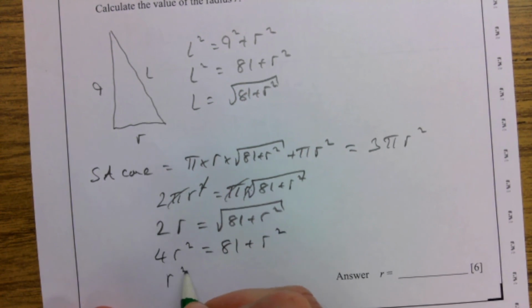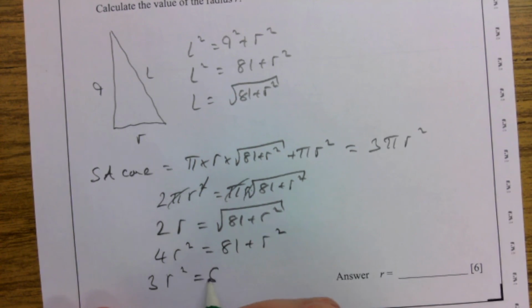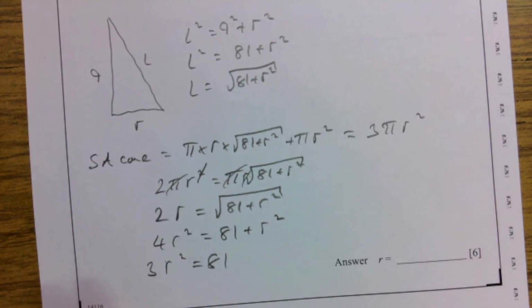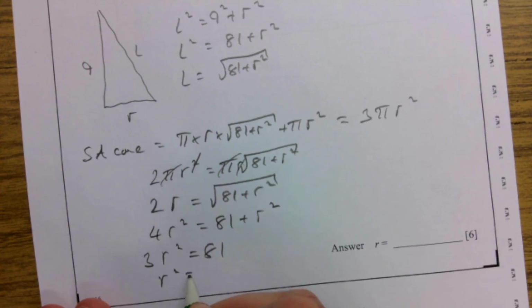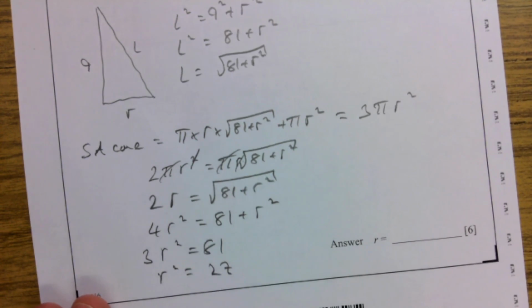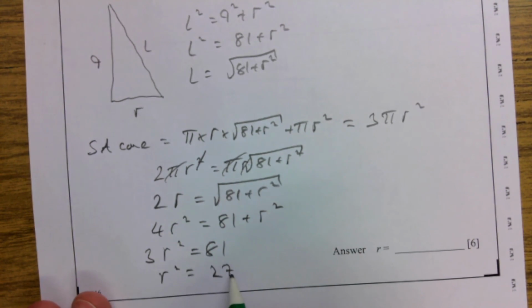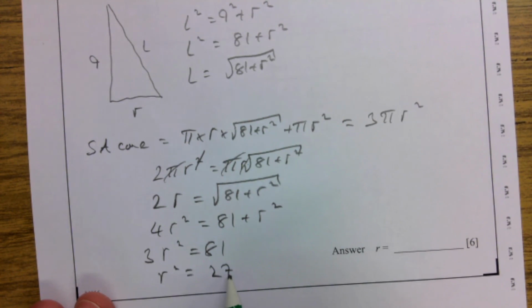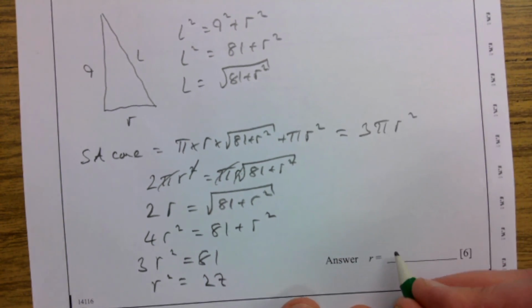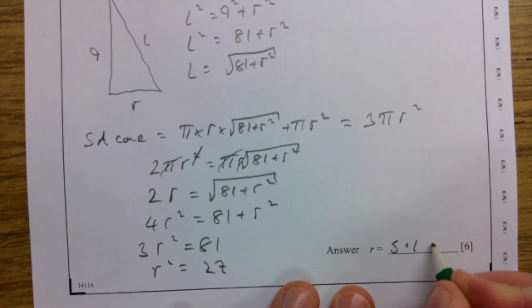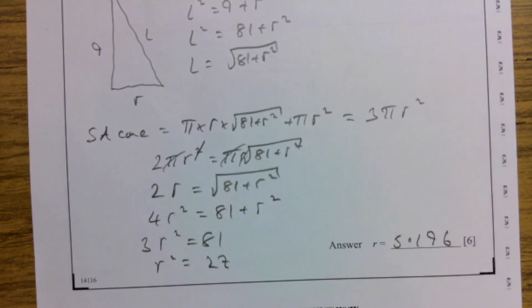That gives me 3r squared is 81. R squared is 27, and then find the square root of that, and you end up with 5.196 or something like that. And that's us done.